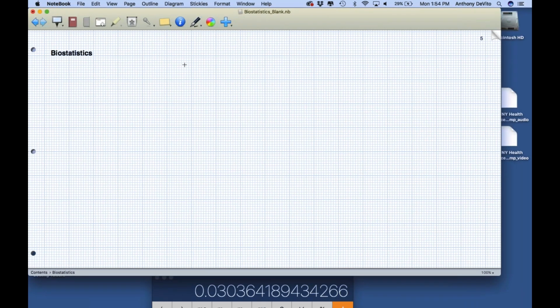Now I'm going to look at two groups, population A and population B. This could be two ethnic groups, two genders, two countries, two occupations. It could be anything that I could break up into two groups.